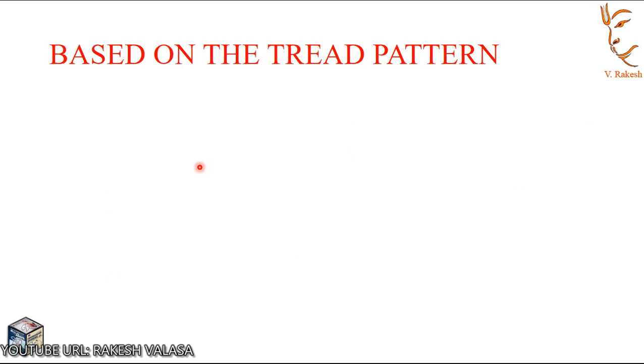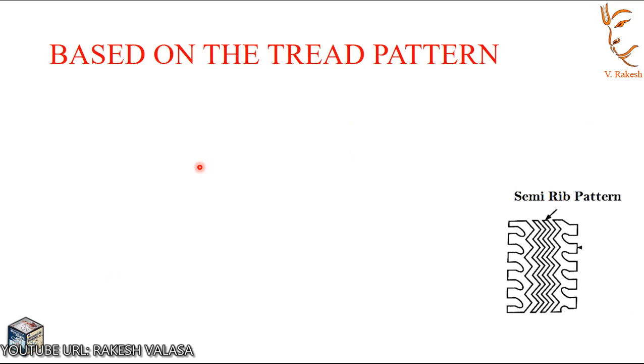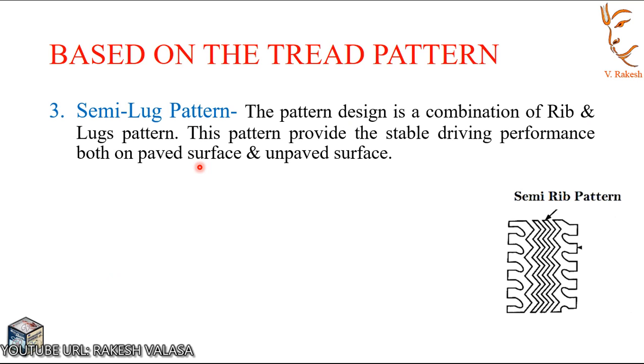Next one is semi lug pattern, semi rib pattern. The pattern design is a combination of rib and lug patterns. You can see the ribs and lugs in this figure. This pattern provides stable driving performance both on powered surface and unpowered surface.